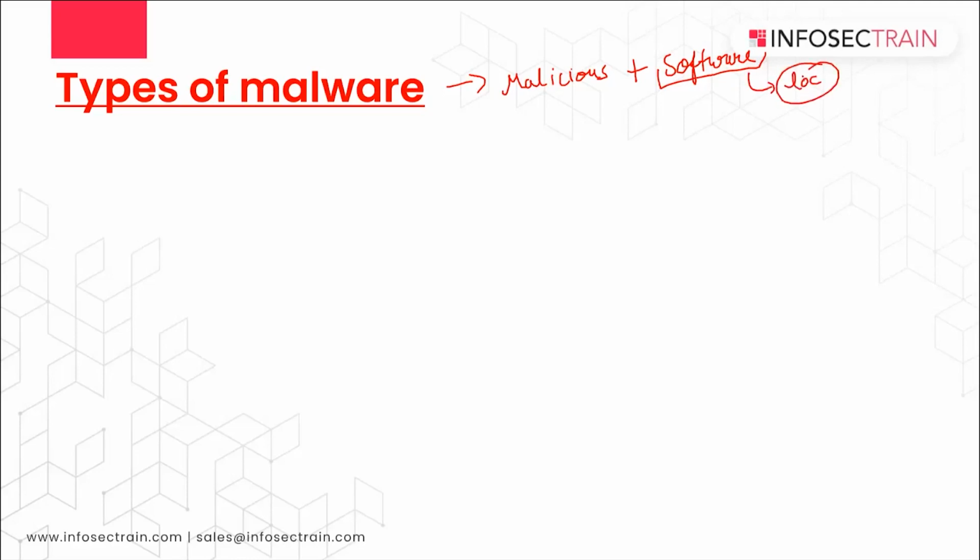Even if you write one line of code and it gives you some output or result, that could also be software. Malicious means that when you created that software, your intentions were up to no good. So it is known as malicious software, and in simple terms, malware.